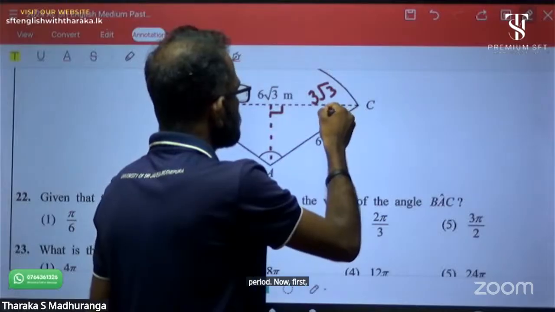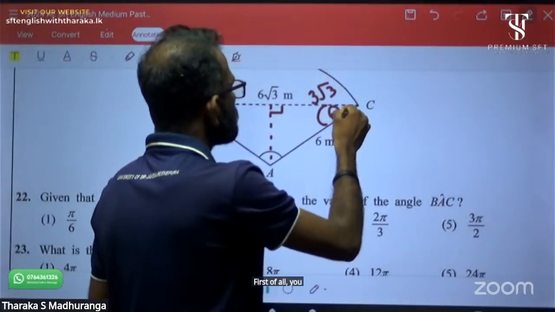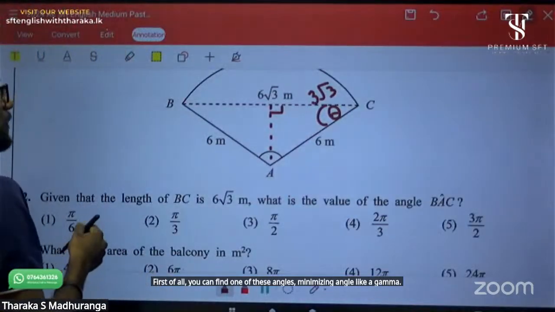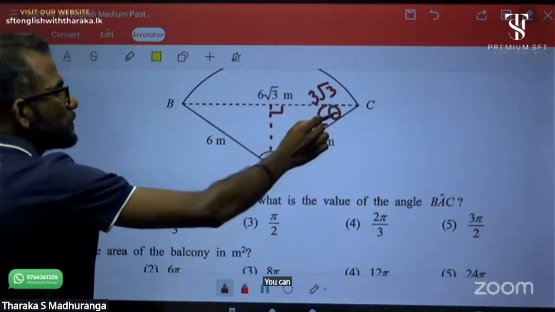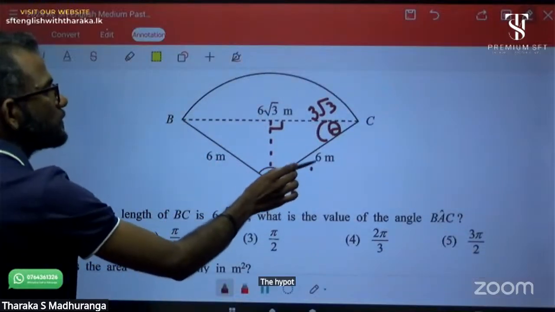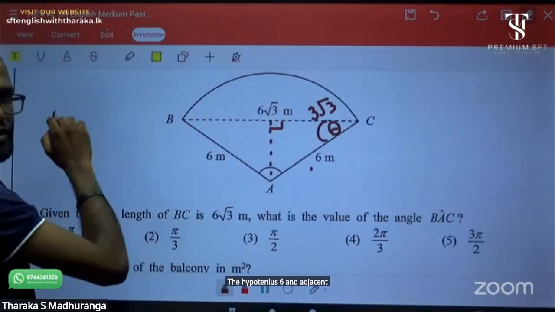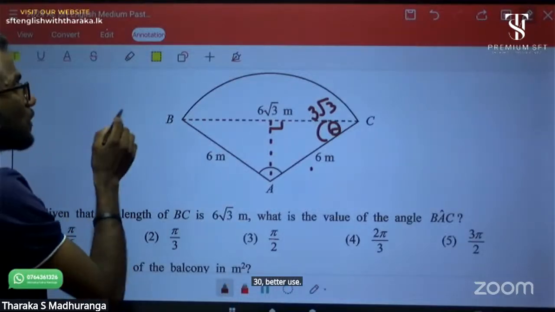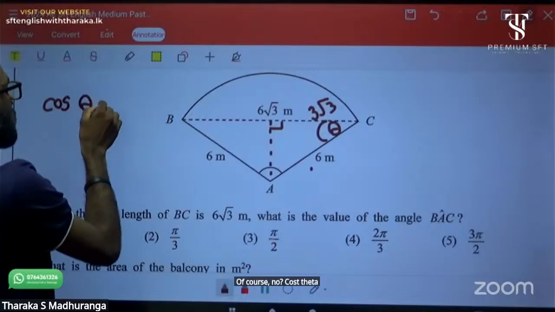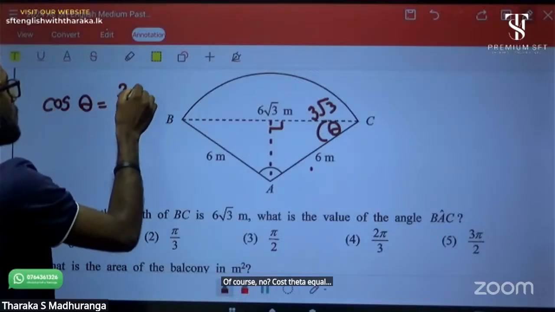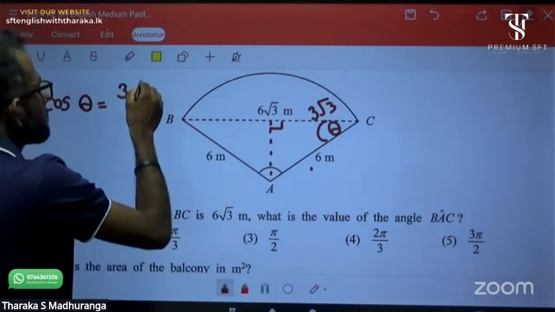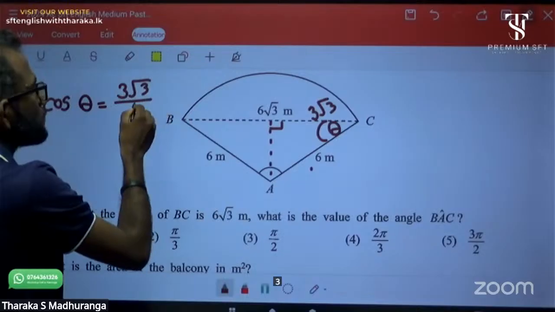Now first of all, you can find one of these angles, theta. The hypotenuse is 6 and the adjacent is 3 root 3. Better use cos. Cos theta equals 3 root 3 over 6.